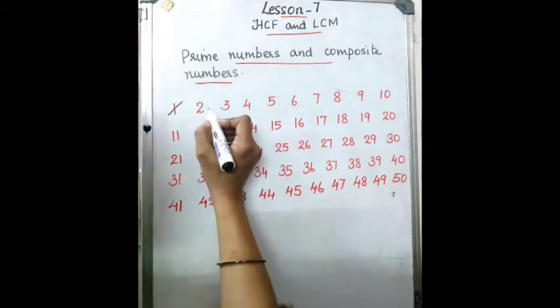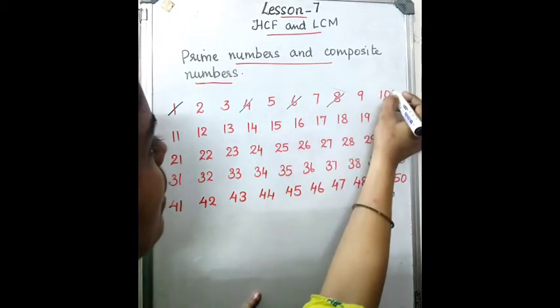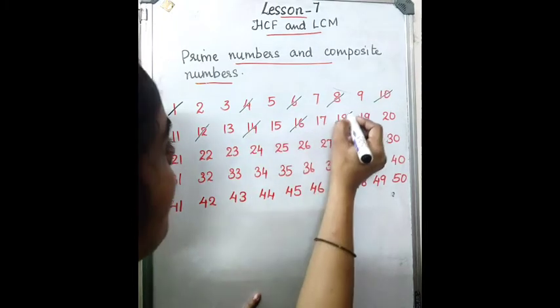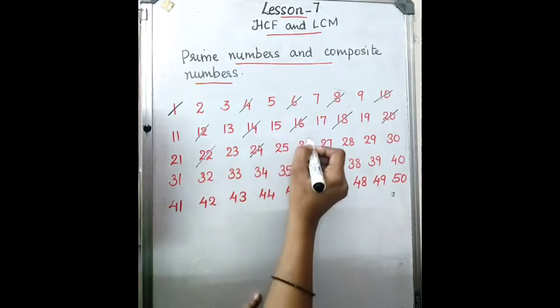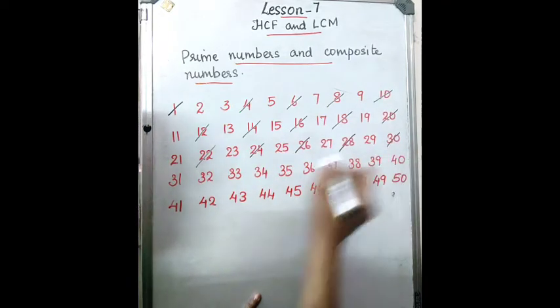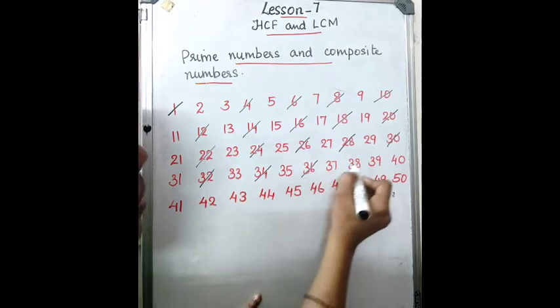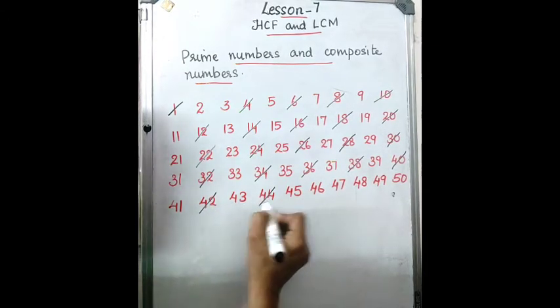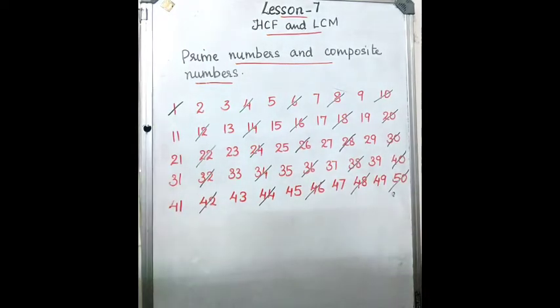So we can cross out the multiples of 2: 4, 6, 8, 10; 12, 14, 16, 18, 20; again in the next row, and again. So here I crossed out all the multiples of 2.